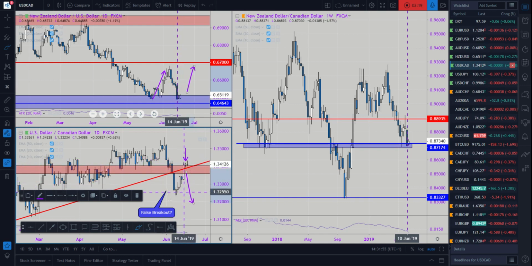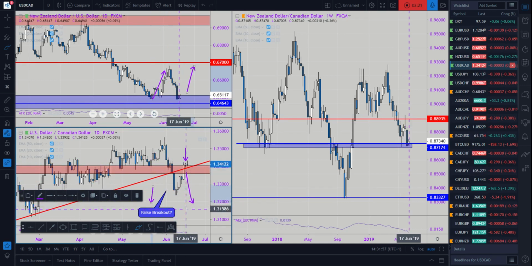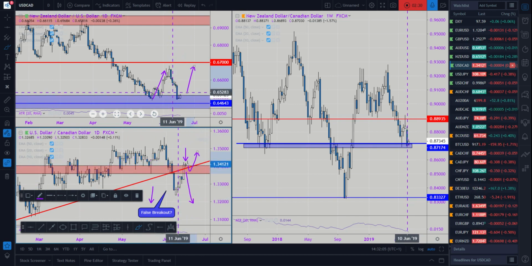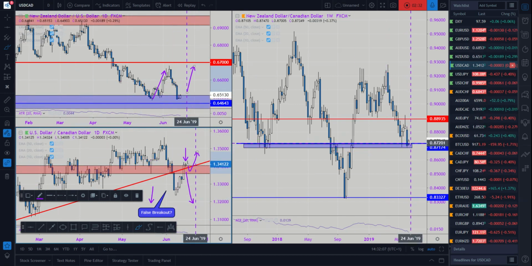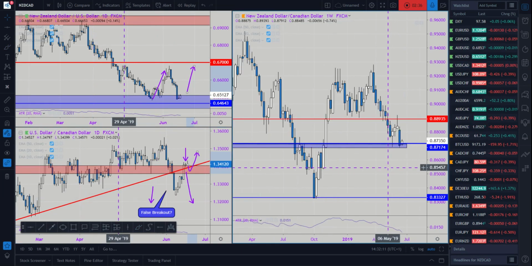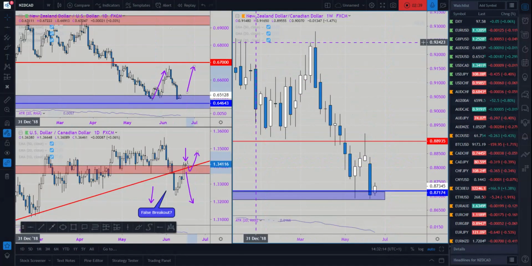We talked about a potential false breakout because the weekly closed back within here, so we could actually be seeing something like this happen on dollar CAD. But the fact that CAD is weak and Kiwi is strong today and Kiwi CAD is at a key demand zone gives us the potential to look at this market for a long position.